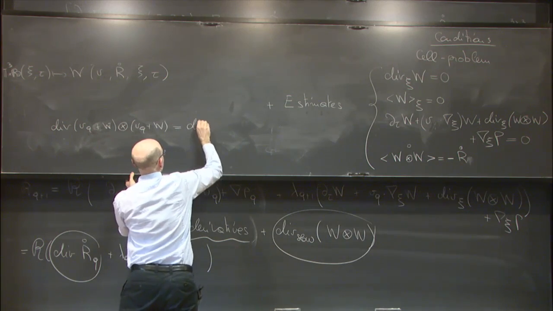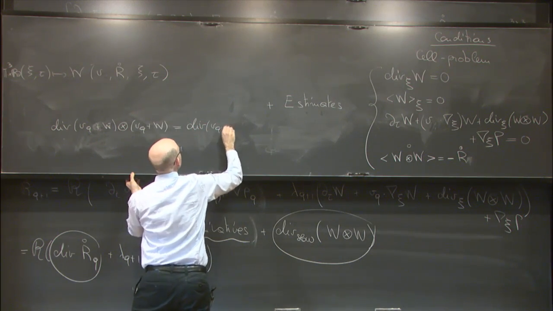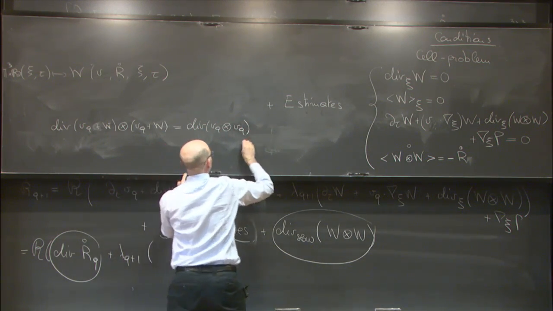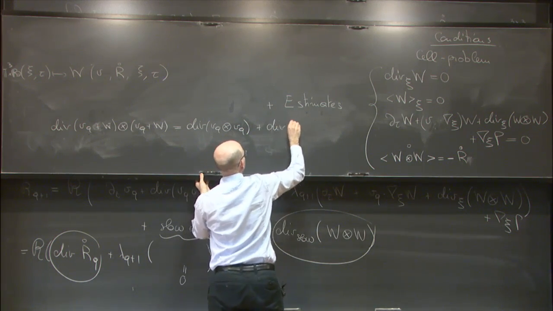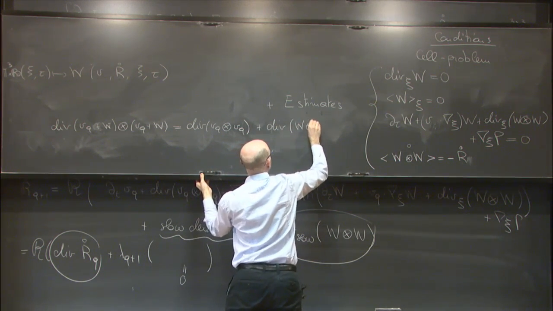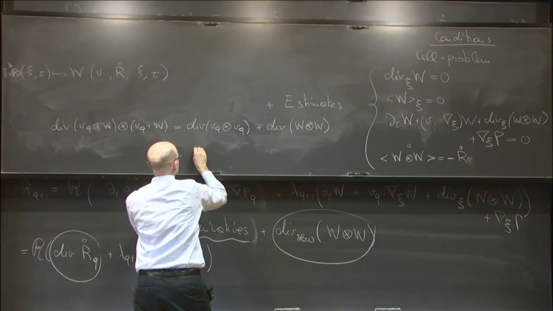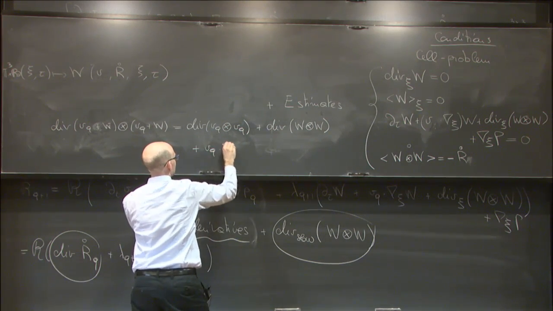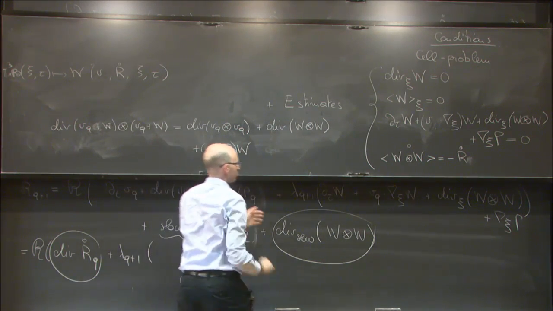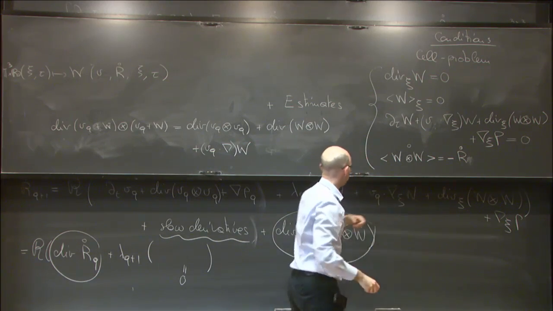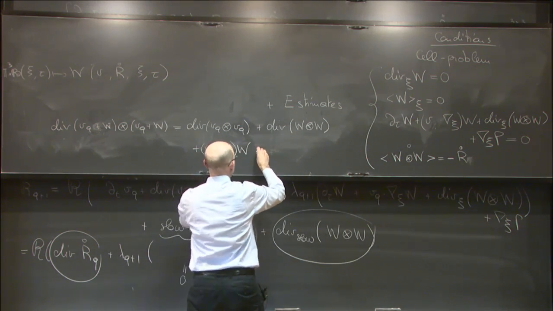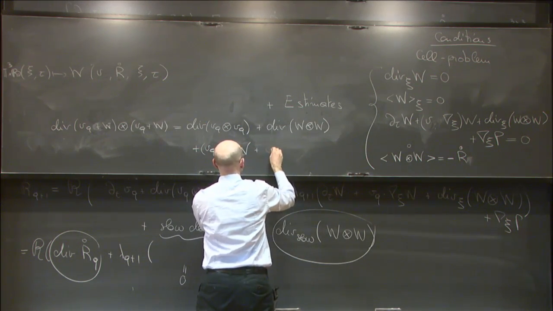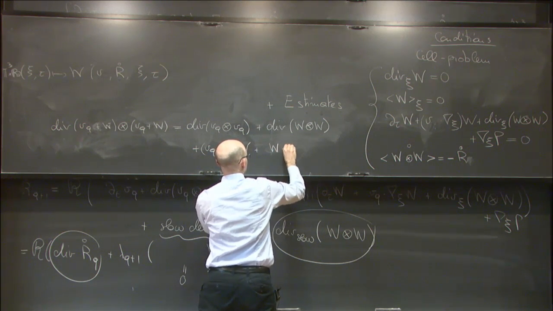There is the divergence of VQ tensor VQ, the quadratic part, which I already took into account. Then there is this term, which you see appearing here. Then there is the slow derivative, but I'm going to ignore it. But then there is also this one.